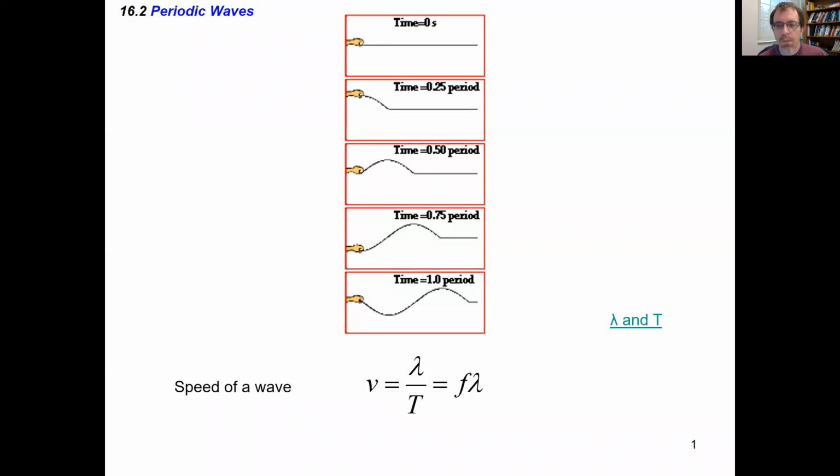And then if we use the relationship between frequency and period, capital T, the period is the time for one cycle of a wave, then we can also note that the speed of the wave is equal to the wavelength divided by the period. So kind of makes sense.